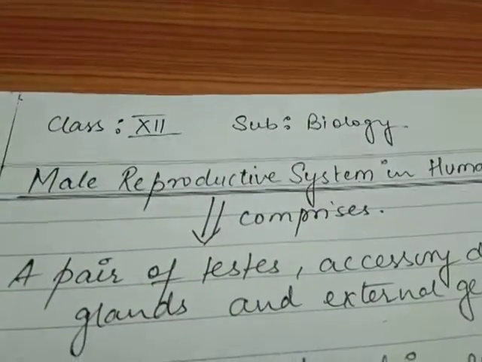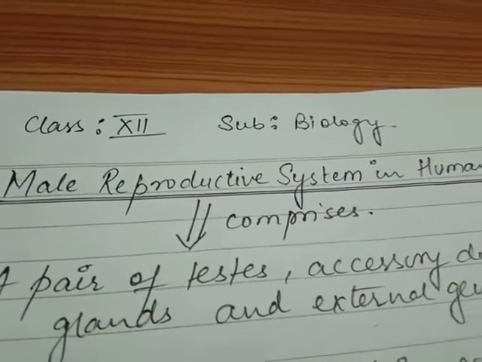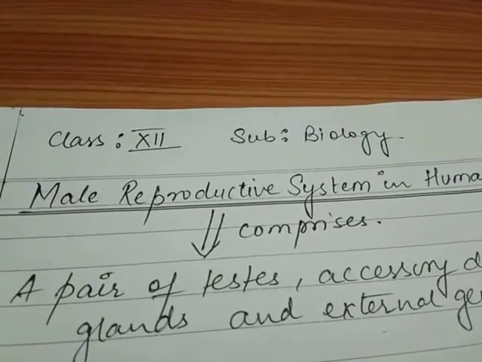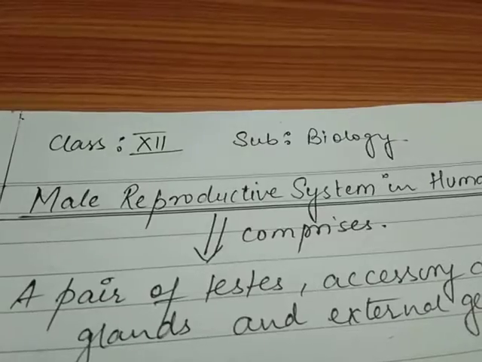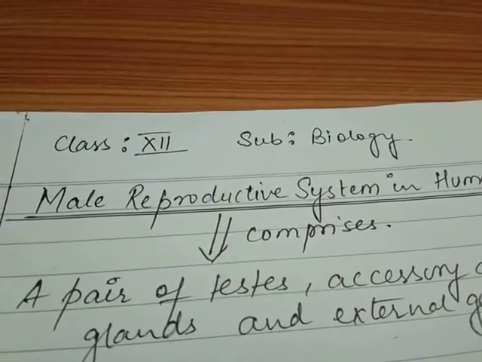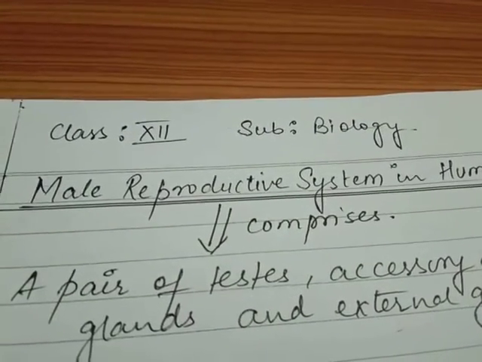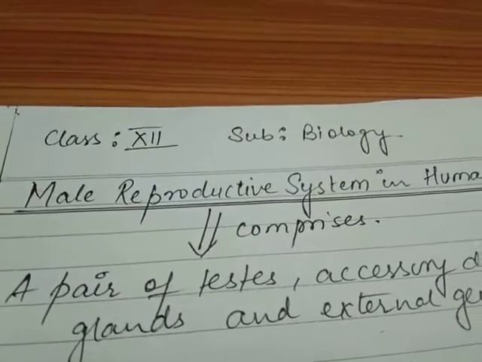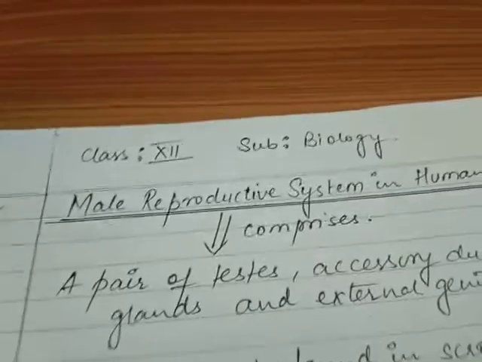Today, we are going to study the male reproductive system in humans. Students, it's very important for us to have a good knowledge about the reproductive system in male and female to study human reproduction in detail. So let's see what the male reproductive system comprises.